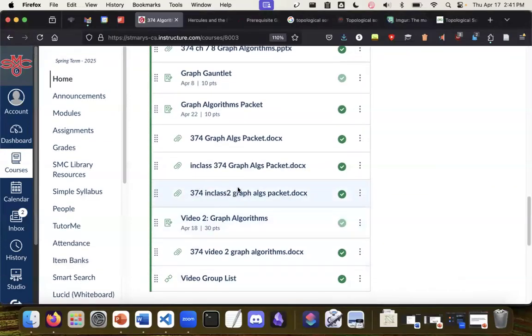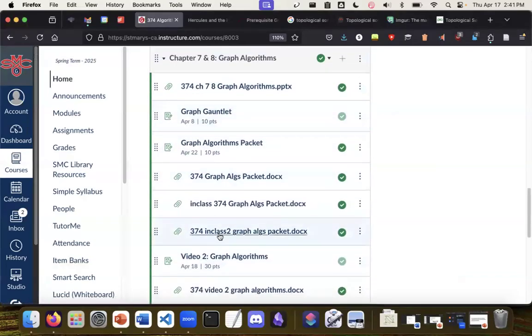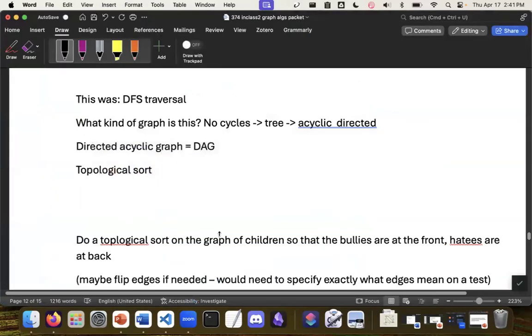Down here, it'll be right here in the graph algorithms in class 2. So that's where this will live. So pull it up, look at what we wrote, compare it with topological sorting, and see what's different, which is better. Is there anything we were missing? Questions on that? Okay.